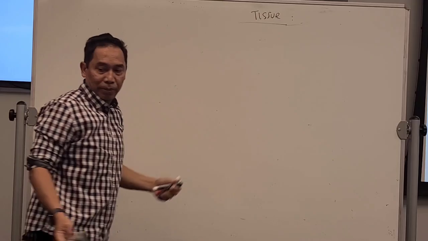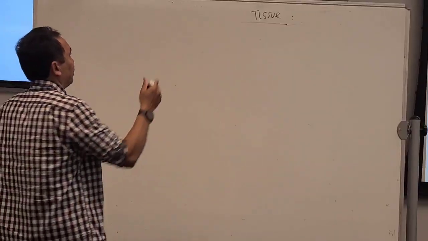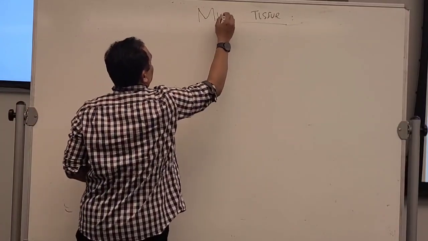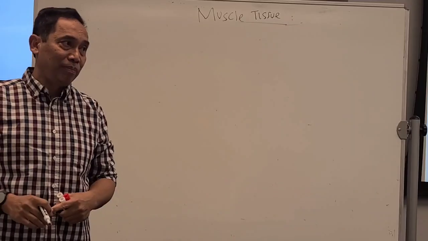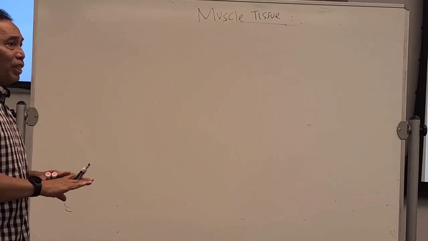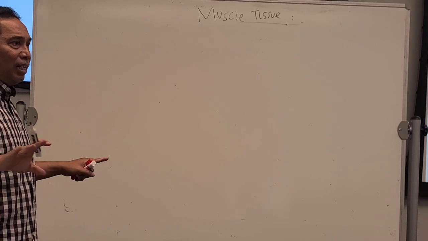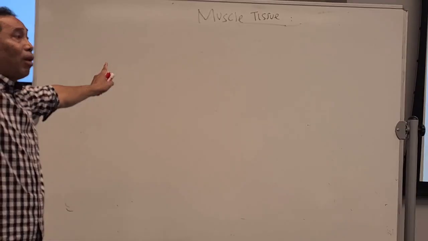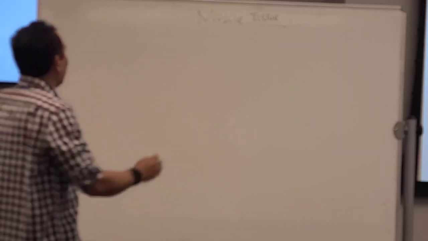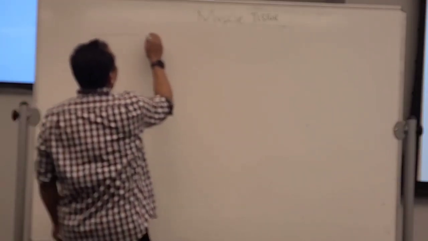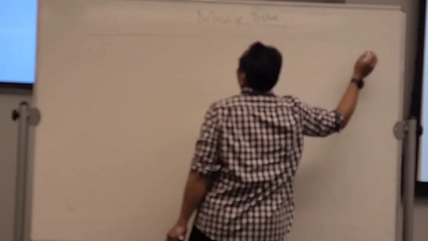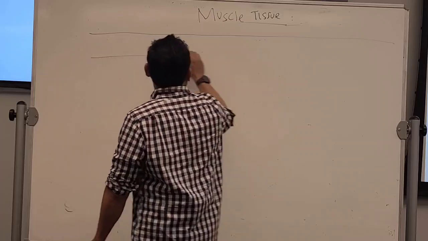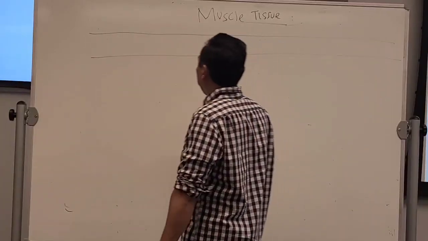Okay, so muscle tissue is made of special cells that are elongated. They are very long cells. So we are going to make a classification here of these three different muscles.